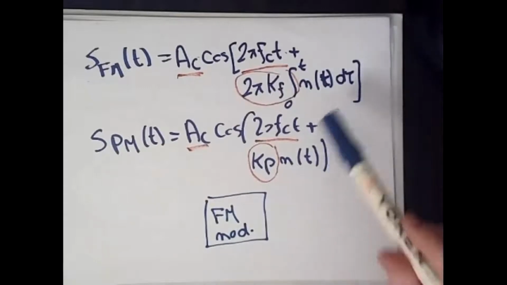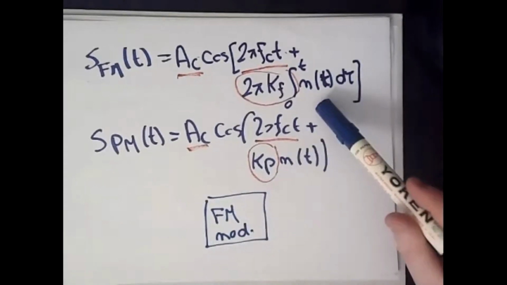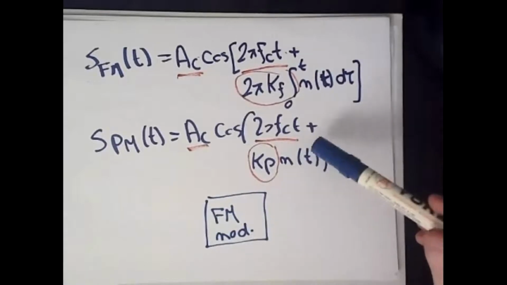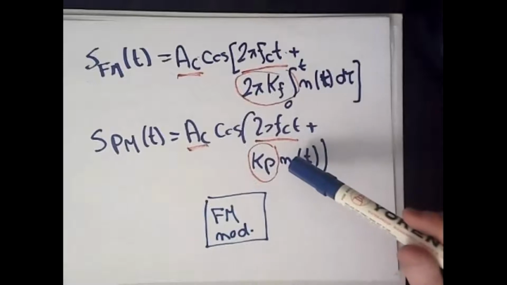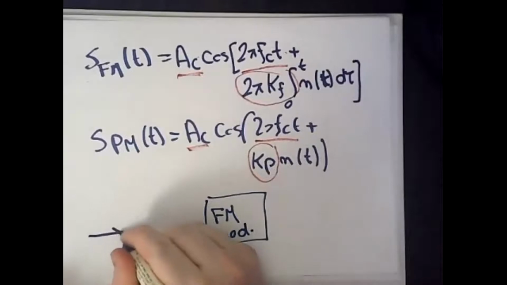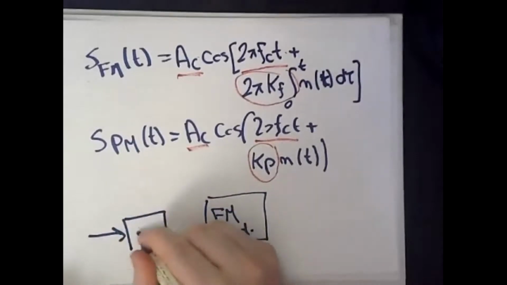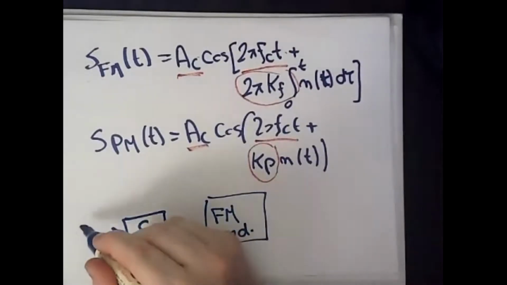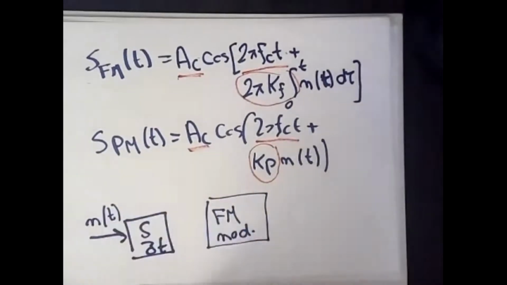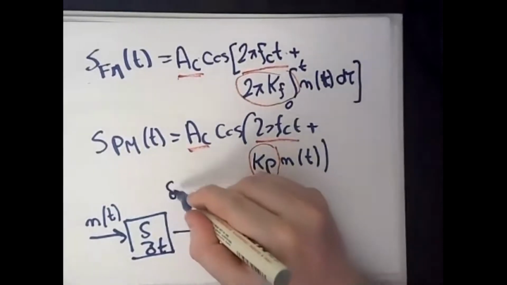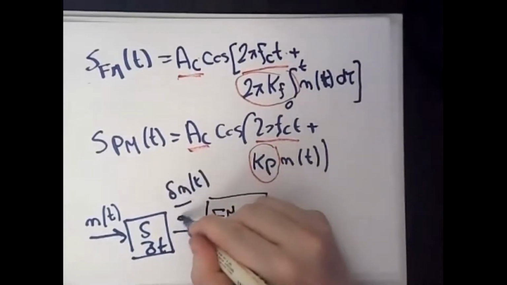The issue here is that in the FM modulator you have an integration, however in the PM modulator you don't have an integrator. So if you add here a differentiator, whenever the message is m(t), the message will enter the FM modulator in the form of partial m(t) by partial t.